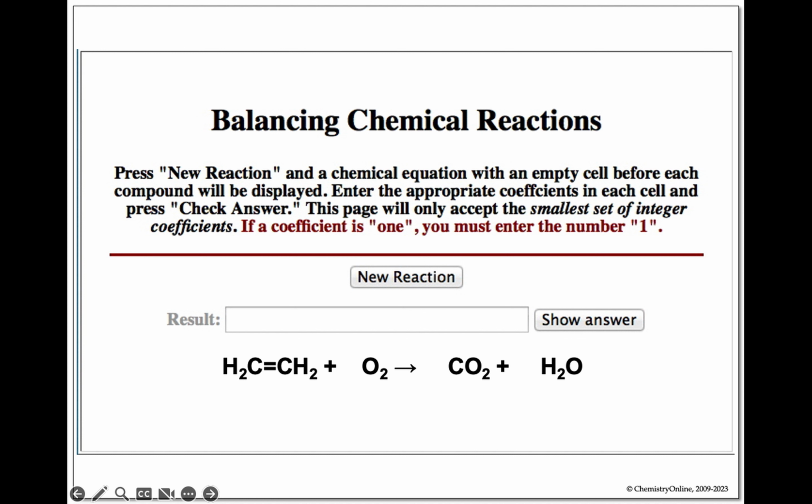So this is the organic compound ethene. Reacts with oxygen to give CO2 and water. Right away we see we have 2 carbons and only 1. So let's double our carbons. We have 1, 2, 3, 4 hydrogens, only 2.